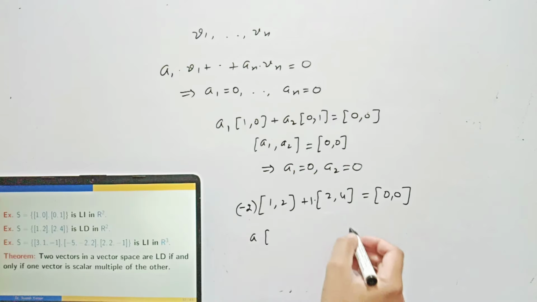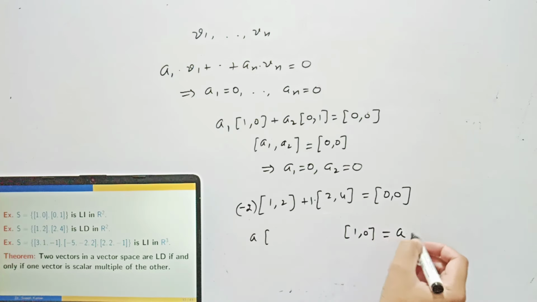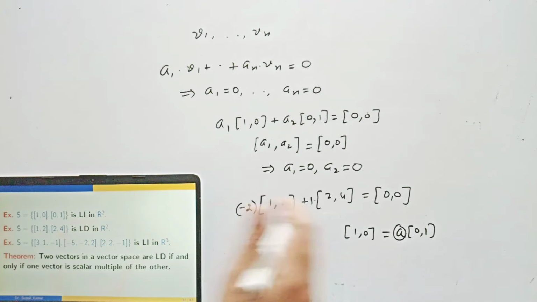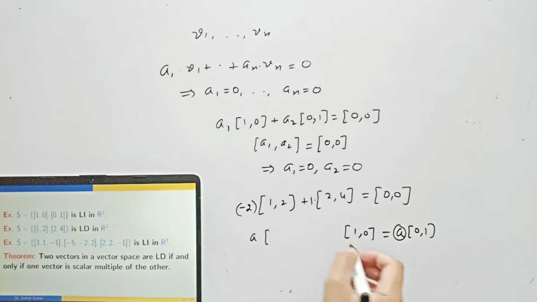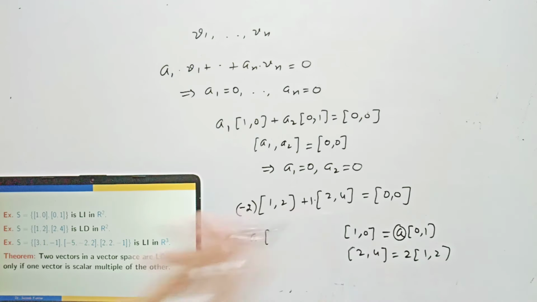You cannot write (1, 0) equal to some scalar times (0, 1). For any scalar, it is not possible. Correct? That's why these are independent. But in the second case, this example, (2, 4) can be written as 2 times (1, 2). So these are dependent, linearly dependent.